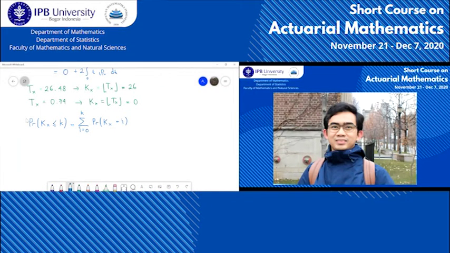If we expand this, we have the probability of Kx equal to 0, plus the probability of Kx equal to 1, plus 2, and so on until Kx equal to k.